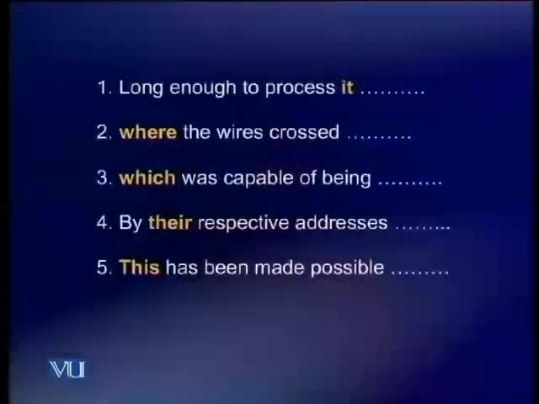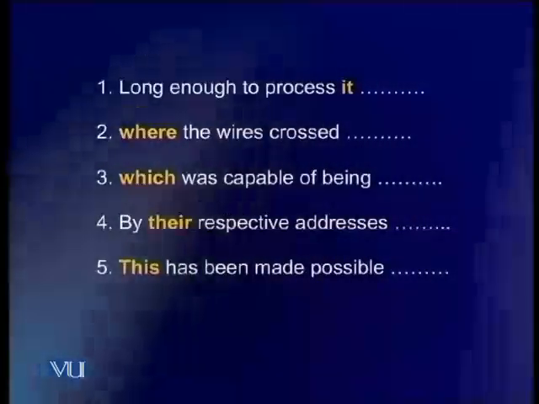Now we will do one exercise on contextual reference. You look back at the text and find out what the words given in bold refer to. And as usual, you will notice that these words are all small words. Number 1, long enough to process it.